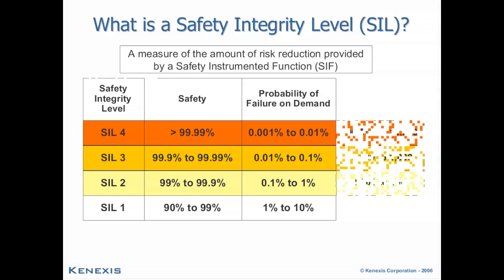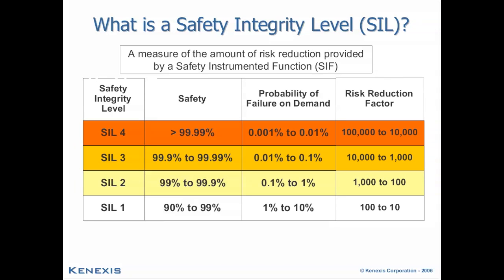And we categorize that amount of risk reduction as either SIL 1, SIL 2, SIL 3, or possibly even SIL 4, which are orders of magnitude of effectiveness, essentially, of a particular safety instrumented function.